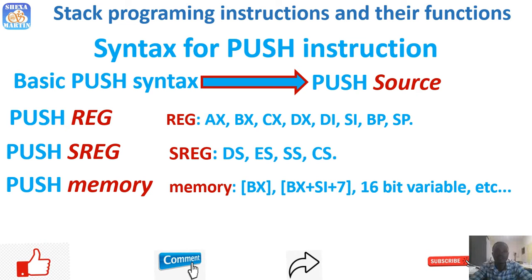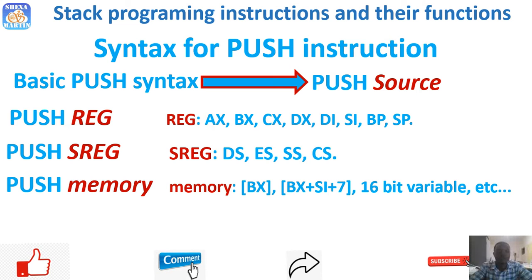Maybe the value in bx, the value in bx plus si plus 7, a 16-bit variable, and so forth. So if I am to ask you a question, which addressing mode would you have used if you are trying to push a value that is from a memory address that resides at bx?